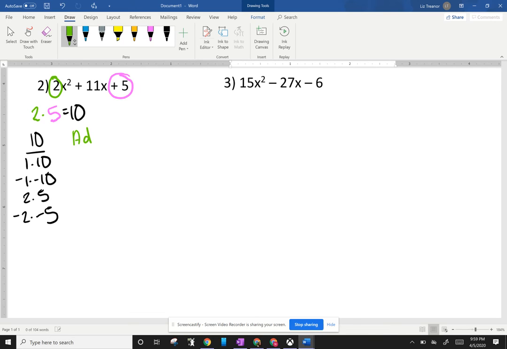And you add them all up, you're going to get 11, negative 11, 7, and negative 7. And we're looking for 11, so the first set of factor pairs is what we're looking for.